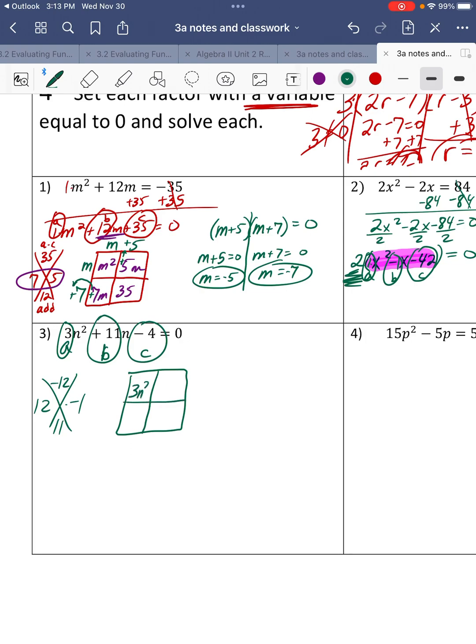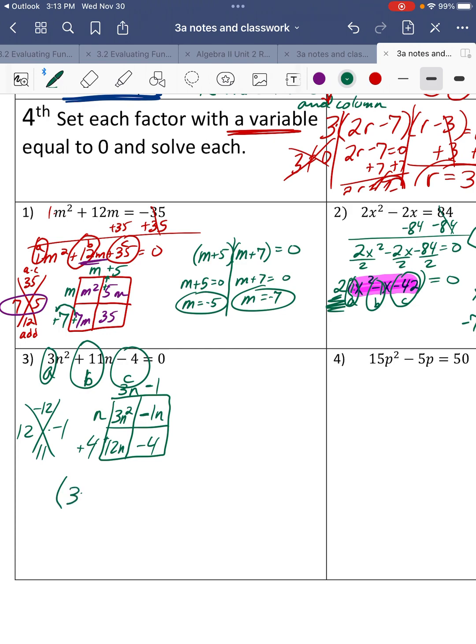I don't expect you guys to come up with it that fast. We're going to have 12n and negative 1n. Greatest common factors of each row, each column. And then since the 1 is negative, it'll be negative 1. Since the 12 is positive, it'll be positive 4. We have 3n minus 1, n plus 4.